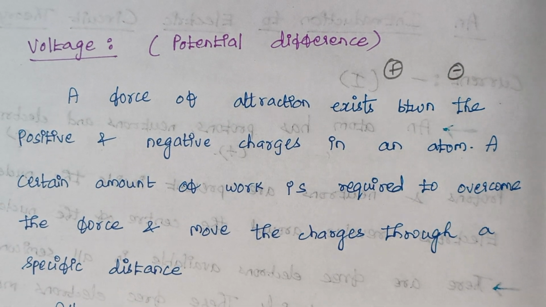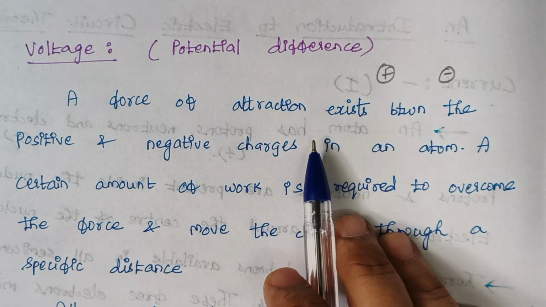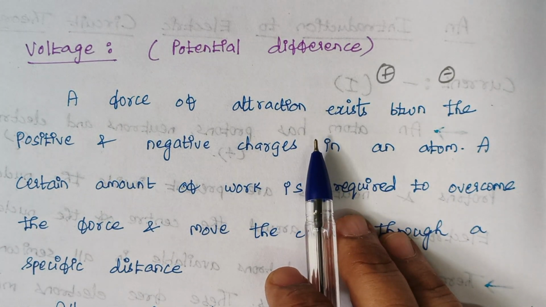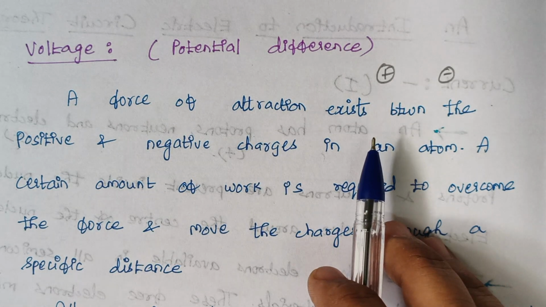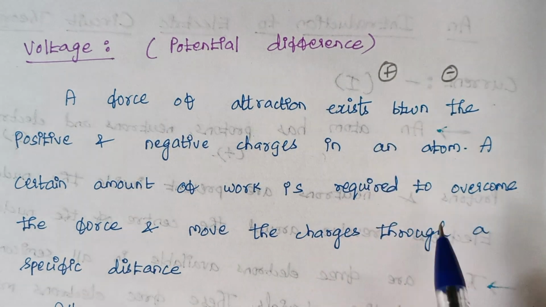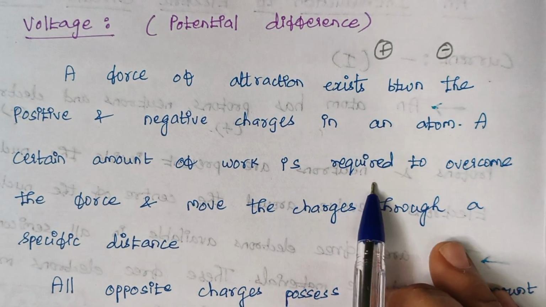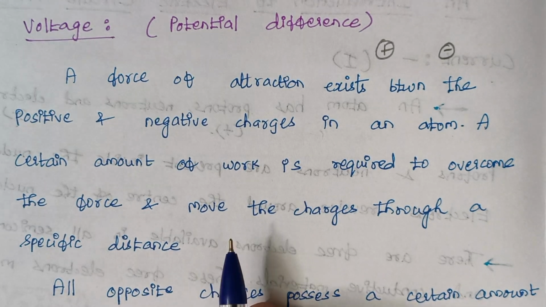The next topic is voltage. Voltage is otherwise known as potential difference. As we all know, an atom has positive and negative charges. So what happens between a positive and negative charge? There exists a force of attraction. So a certain amount of work is required to overcome the force and move the charges through a specific distance.